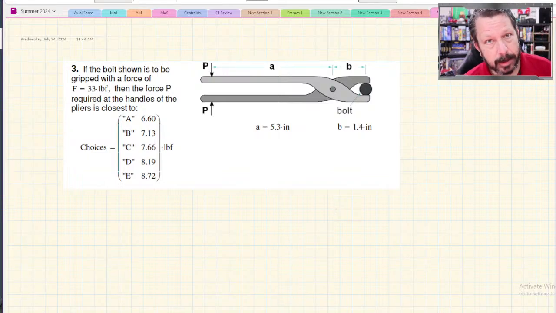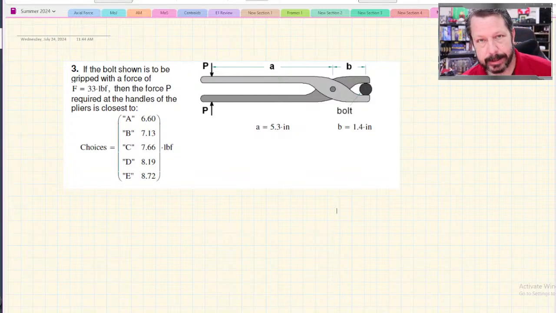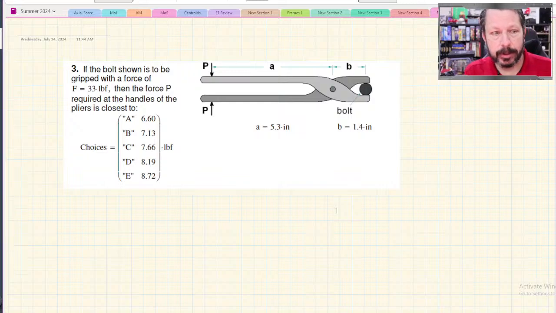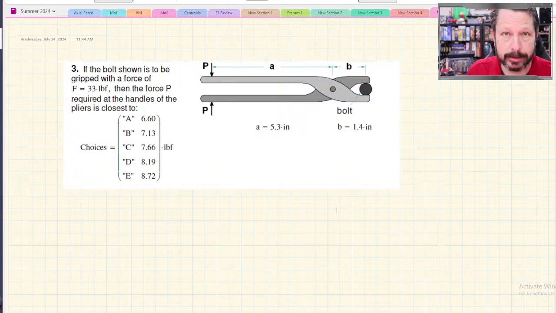So no difference in the way that we solve them, except that for a machine, typically we have to start by taking it apart, whereas a frame, usually, but not all the time, the first step is to find the external reactions. The technical difference is a machine just has parts that move relative to the other parts.